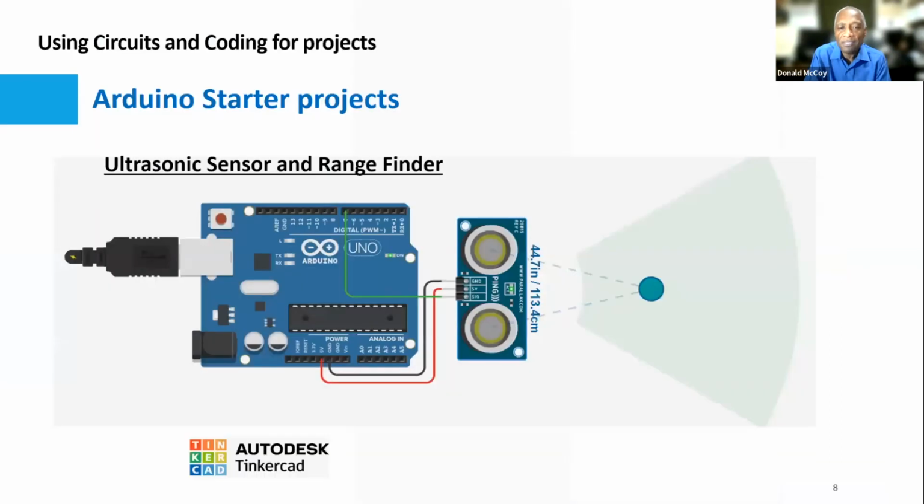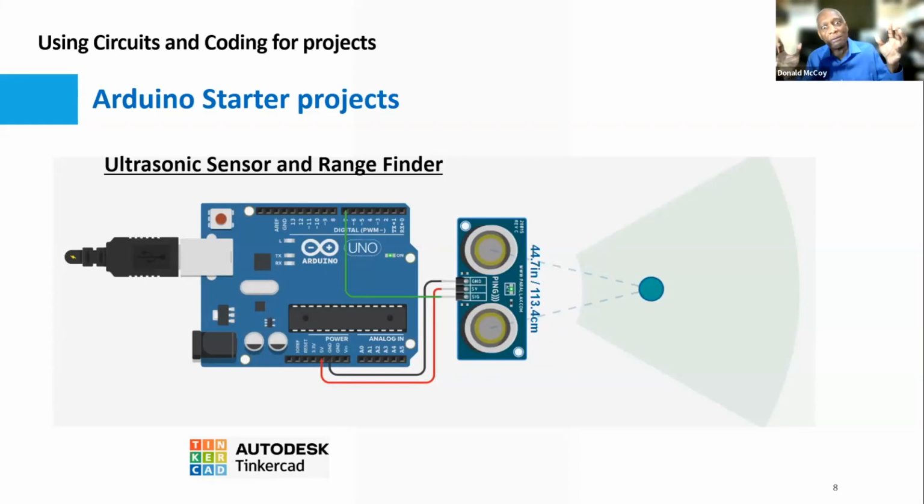So let's talk about some of these types of things that use a robot. Now, this comes directly out of the Arduino starter kits, and I'm going to show you a little bit about that later, but I just want to give you a snapshot of what it is. So every robot that has the design parameters to know its environment uses some type of sensing device, be it ultrasonic, be it temperature, be it other types of sensors that would provide it touch.